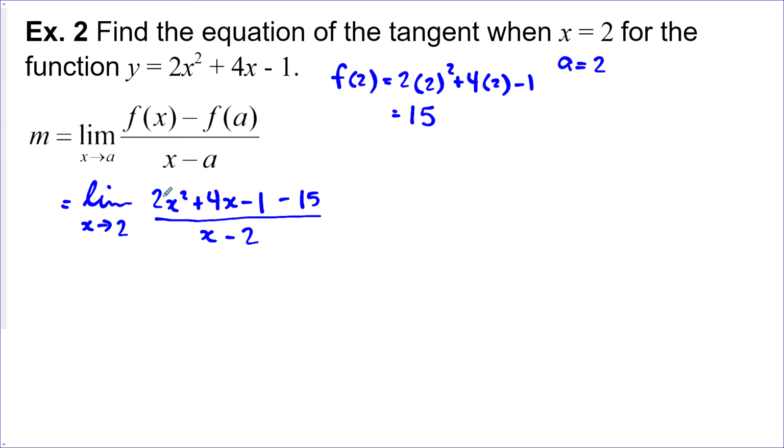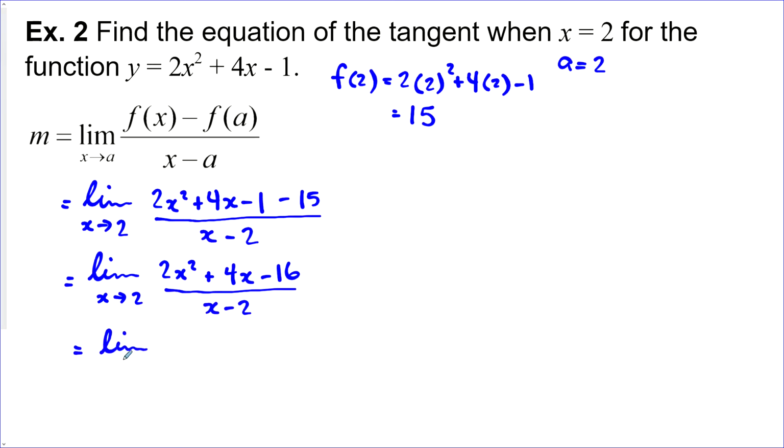Now let's see what we can do. This looks like a good candidate to factor, so let's clean it up and see if we can factor it. The limit as x approaches 2, we've got 2x squared plus 4x minus 16. Looks like there's a common 2 here that we can factor out. And then we can factor this quadratic.